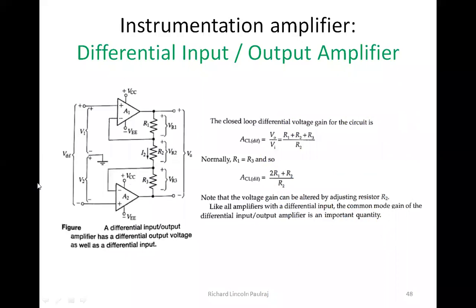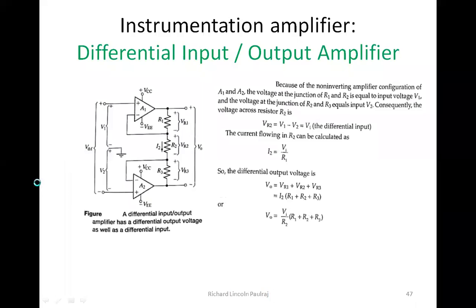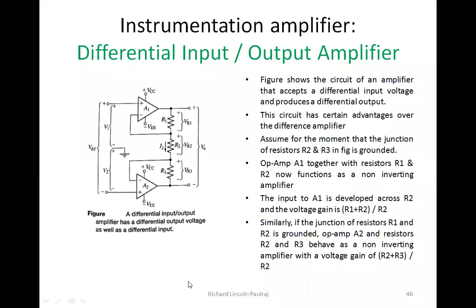Okay, so you can understand here that this instrumentation amplifier is not just a simple amplifier, but it has two types of circuitries, right? So in the first stage, it's broken up into the differential circuit, and then I have the difference amplifier.